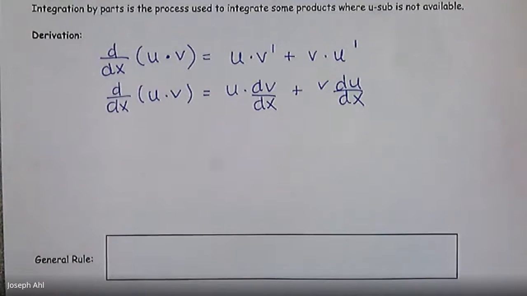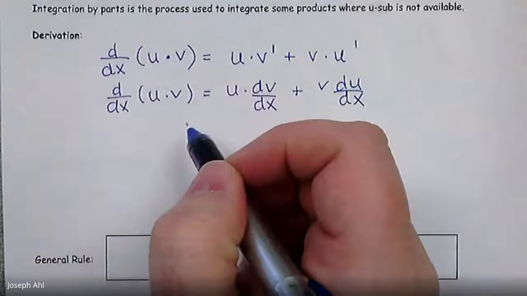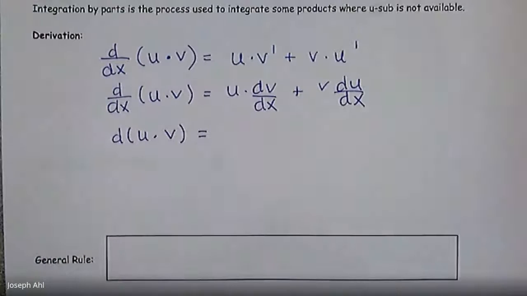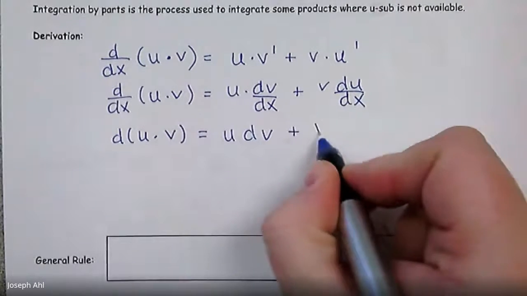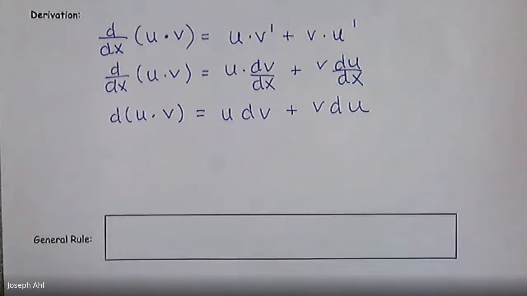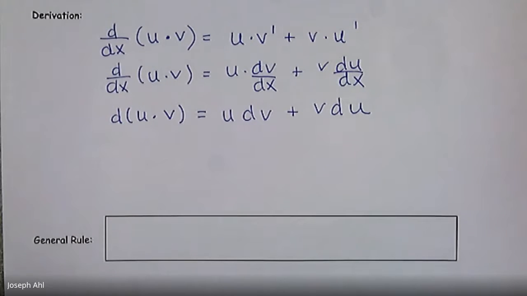So from there, just to clean this up a little bit, I'm going to multiply the dx out of both sides. Okay, so we're going to write this in terms of differentials. So d of the product u times v would equal u dv plus v du. And we're using our product rule here to be able to generate a rule for integrating a product.